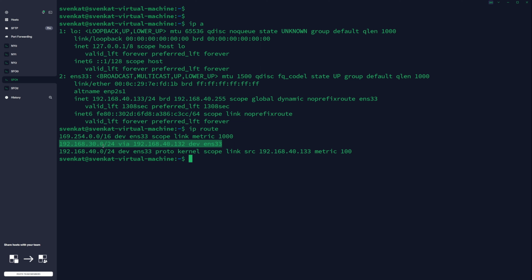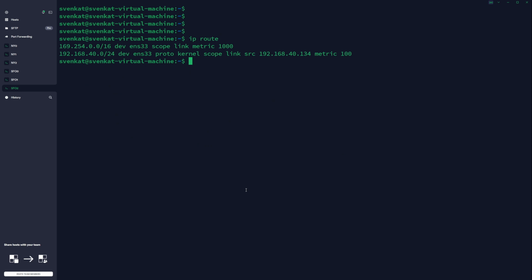So if this computer wants to talk to New York, then it has to go through this 192.168.40.132, which is the San Francisco Gateway. The San Francisco gateway will receive such a packet, and it will realize that the packet does not belong to San Francisco, so it will send it across to Chicago, and from Chicago it will reach New York.